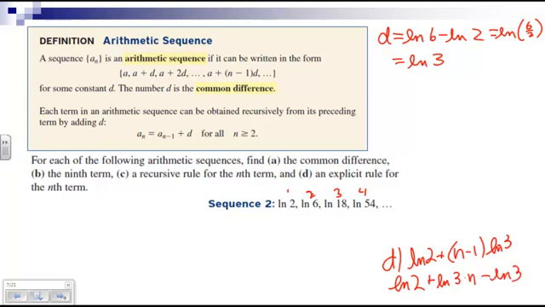So ln of 2/3 plus ln 3n. So the natural log of 2/3 is an excellent way to put that, plus the natural log of 3 times n. I guess we could use it to find out what the ninth term is. 9.48. Oh, how not elegant.